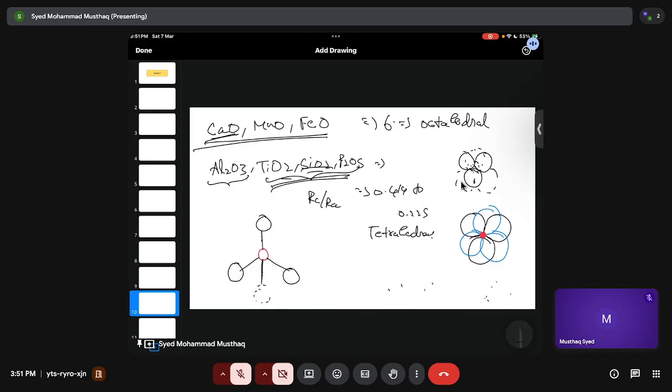Now how does this tetrahedra look? So that's why we call it a tetrahedra, even though it is the external diagram that looks like a tetrahedra, not the bonds.